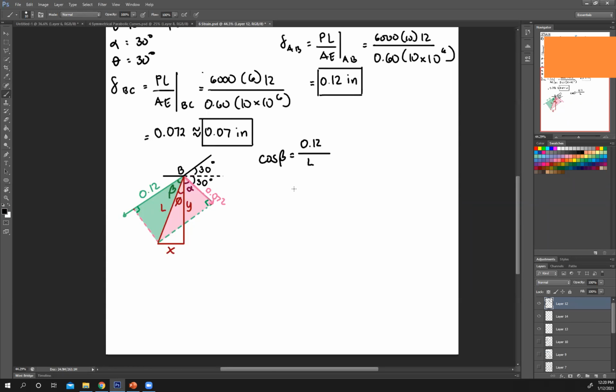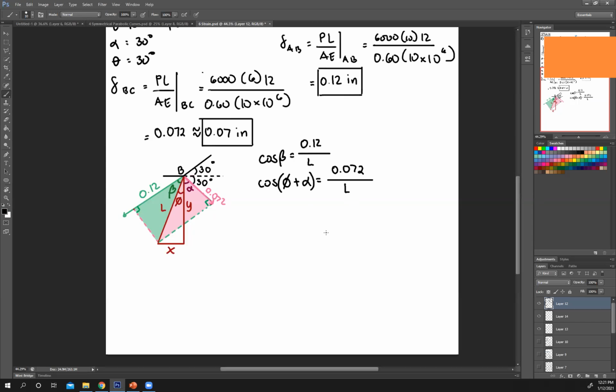Next, let's use this right triangle. Cosine of phi plus alpha equals adjacent, which is 0.072, over hypotenuse, which is again L. So for now, I have a lot of variables: 1, 2, 3, and 4.